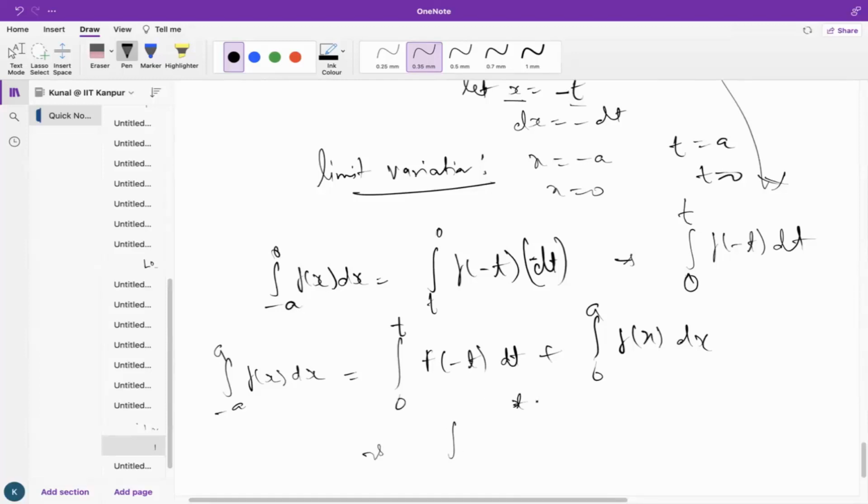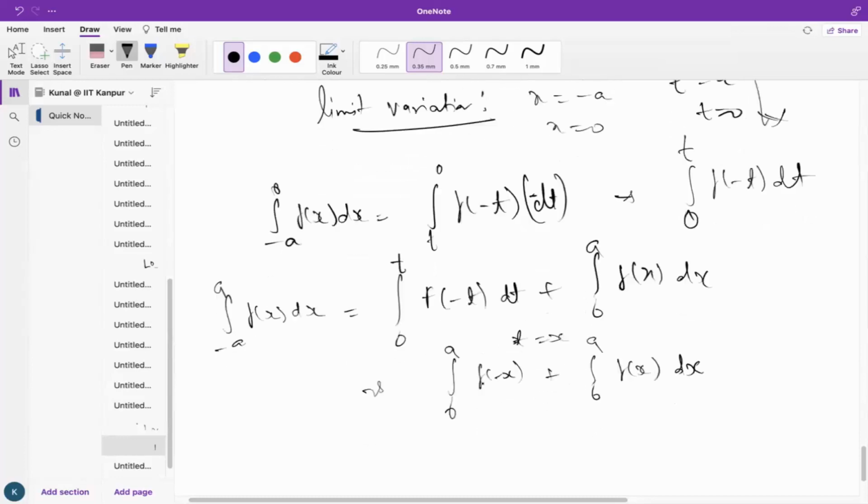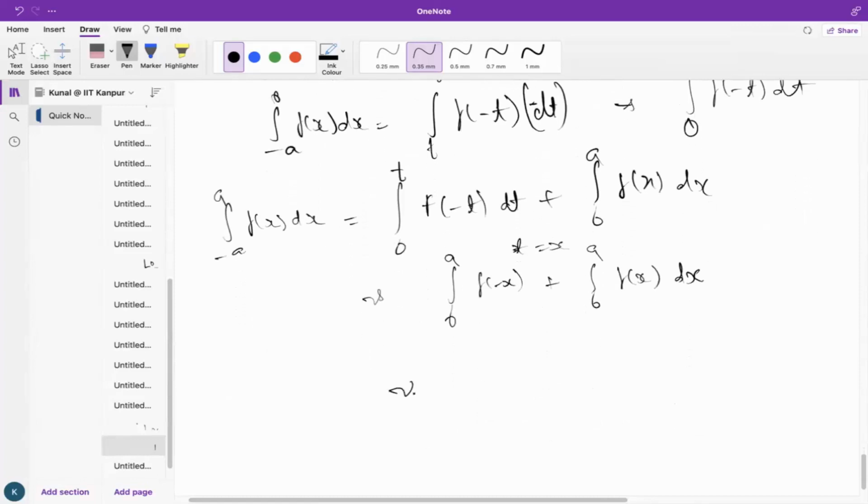Again, apply t equal to x. So we get f(-x) with limits from 0 to a, plus 0 to a of f(x) dx. So from here, we are integrating from 0 to a of f(x) plus f(-x) dx.